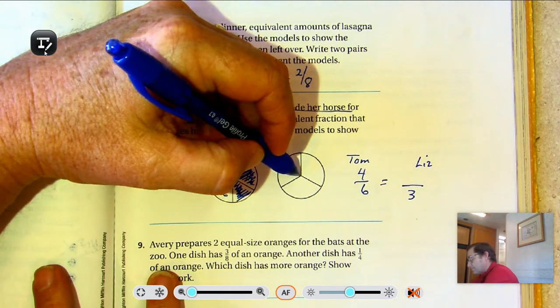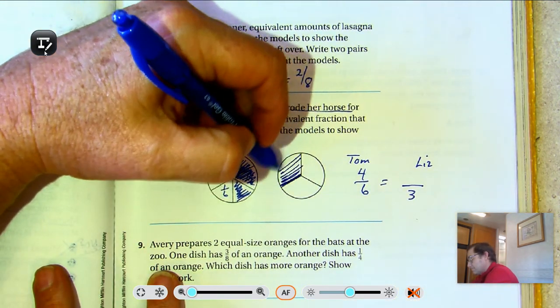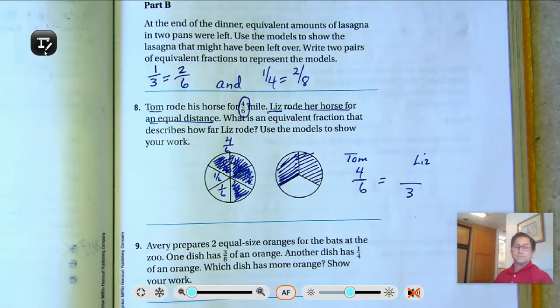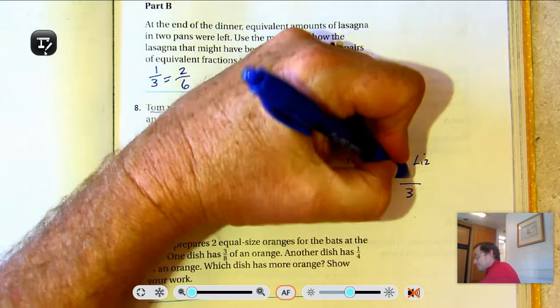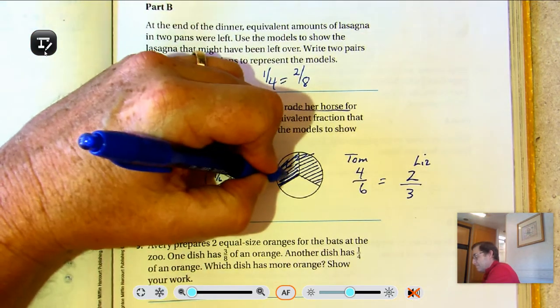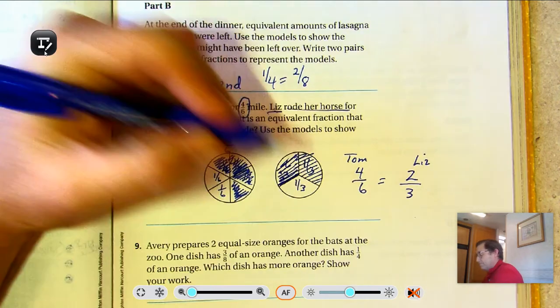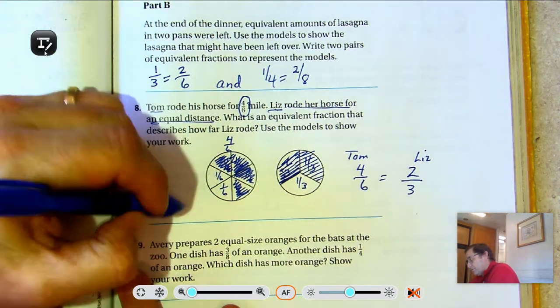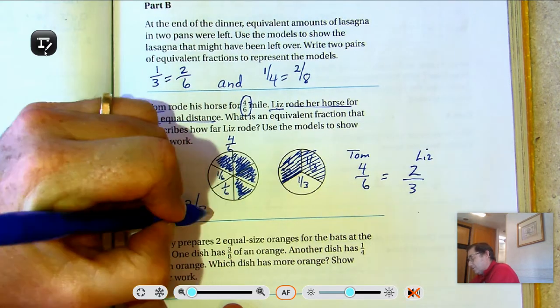Well, it would be 2/3. So what is an equivalent of 2/3?